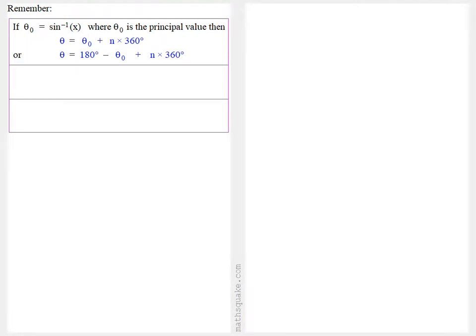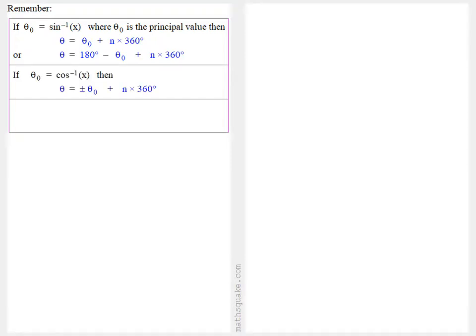Remember, we've had in the past, if theta naught is the principal solution to the inverse sine of x, then the general solution is either theta equals theta naught plus n times 360 degrees, or theta is 180 minus theta naught plus n times 360 degrees.